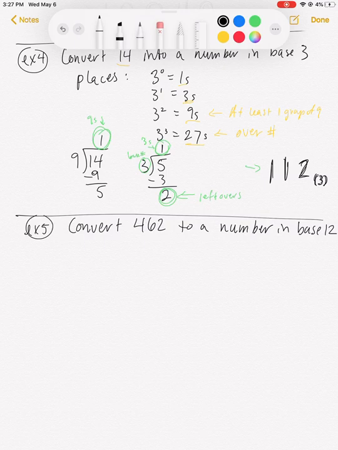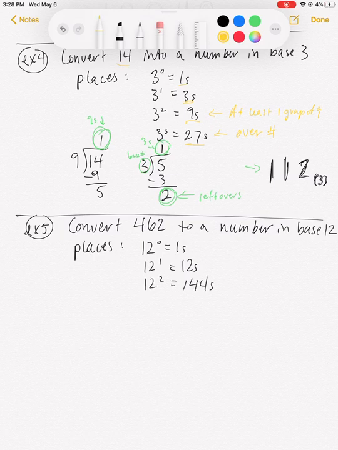Okay, let's go ahead and do this one. So the places that we need to worry about are 12 to the 0, which is the 1's place, 12 to the 1, which is the 12's place, 12 squared, which is the 144's place. Okay, so checking my number here, 462, 144, still got to go higher. 12 to the third, which is 144 times 12.